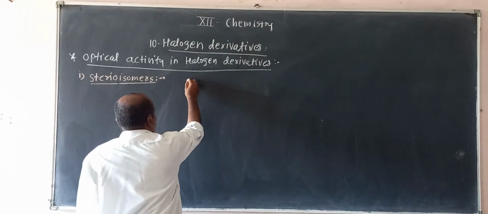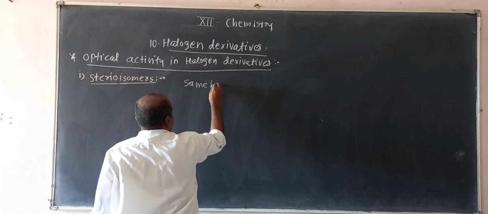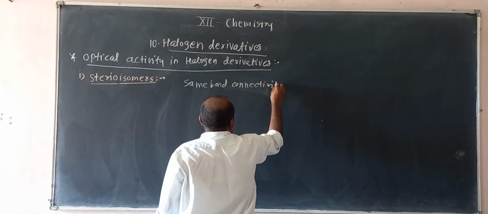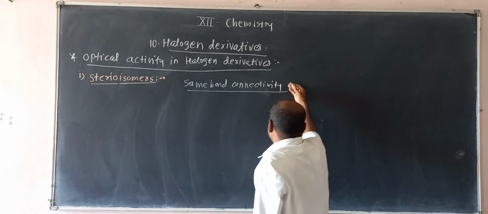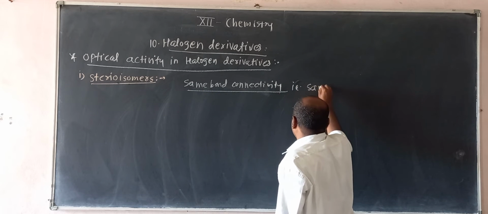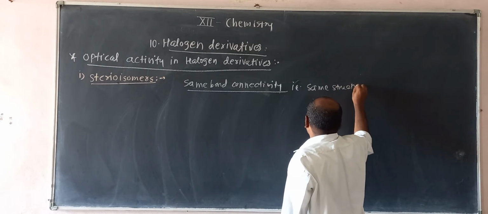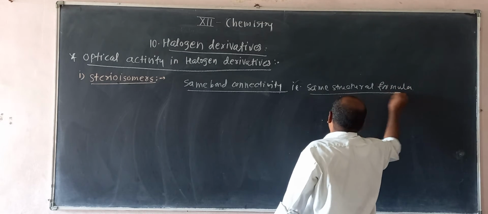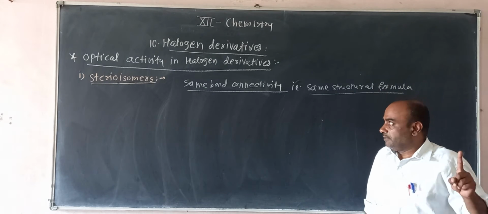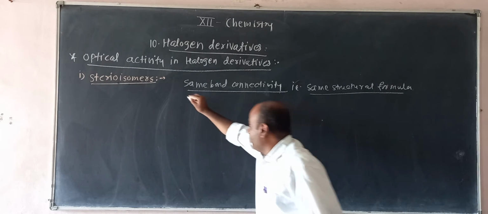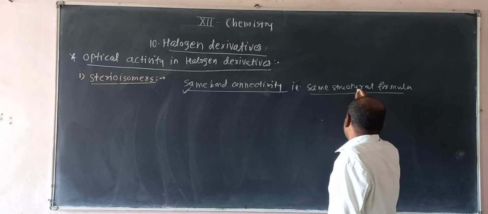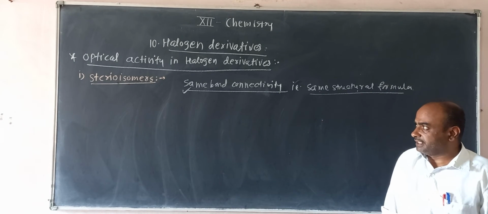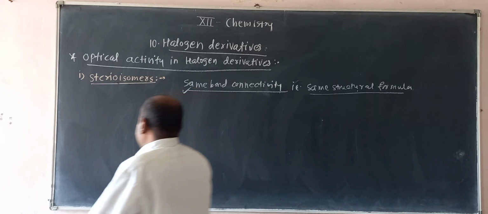Isomers which have the same bond connectivity, that is, the same structural formula, are called stereoisomers of each other.